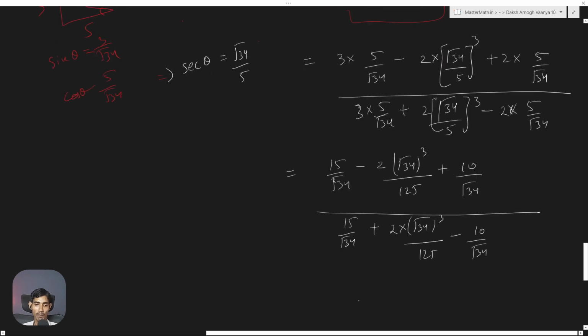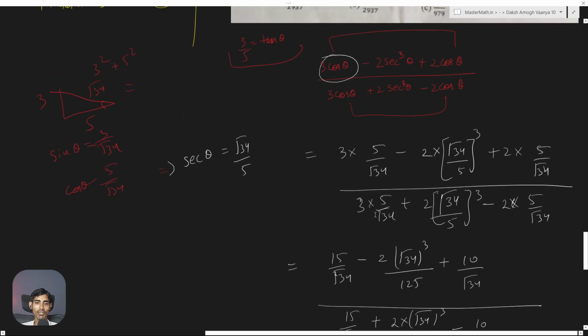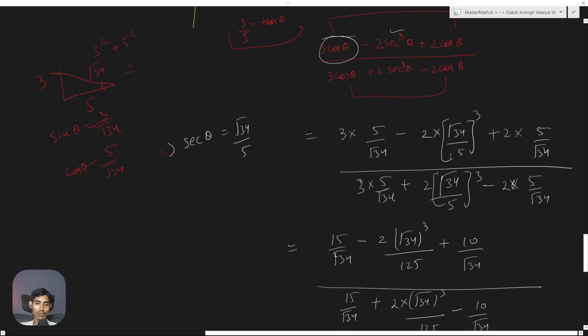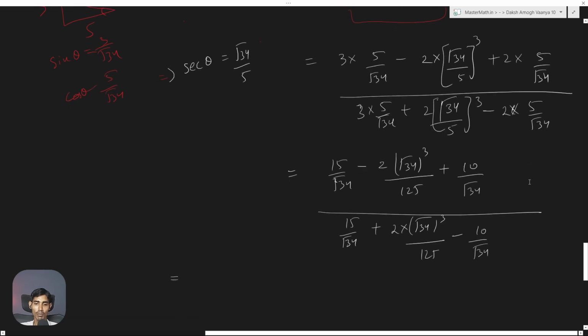The LCM would be 125. So I would suggest you first get it into only one of these, either secant, cos, sine, whatever it is. Just get it into one, because if you do not, it's getting complicated. Although it is surely solvable, it's further getting sophisticated.